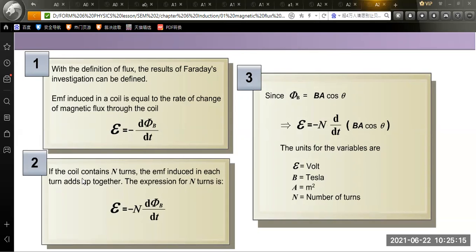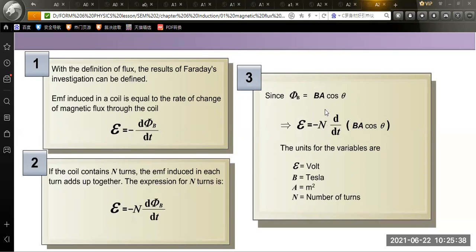If the coil contains N turns, the EMF induced in each turn adds up together, so the expression for N turns is EMF equal to negative N times the change of the magnetic flux over dt.